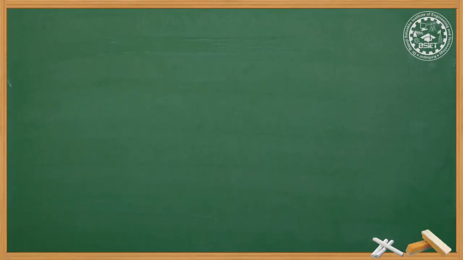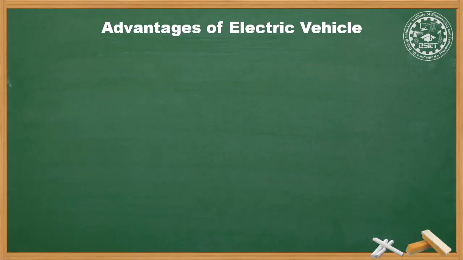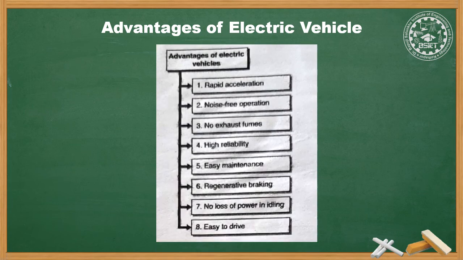The advantages of having an electric vehicle. First, rapid acceleration, and second, noise-free operation. Electric vehicles typically have less noise pollution than internal combustion vehicles. No exhaust fumes: electric vehicles release almost no air pollutants at the place where they are operated.